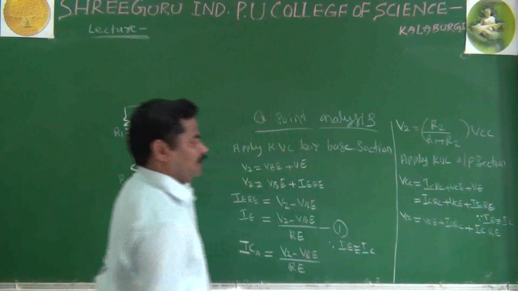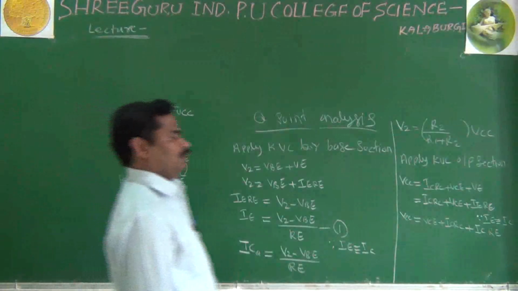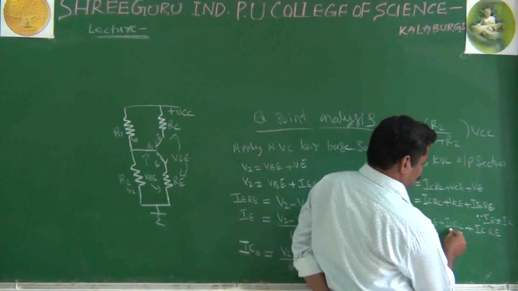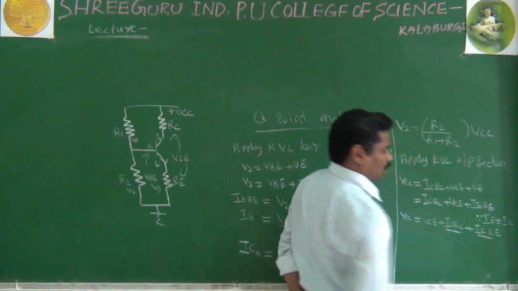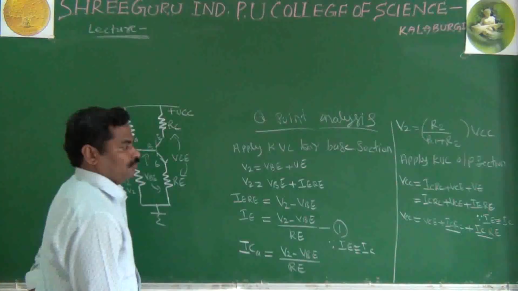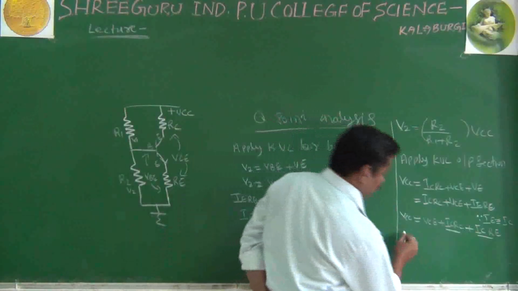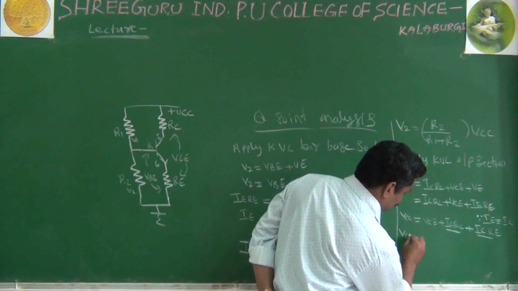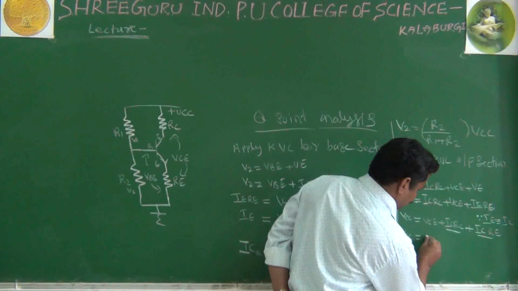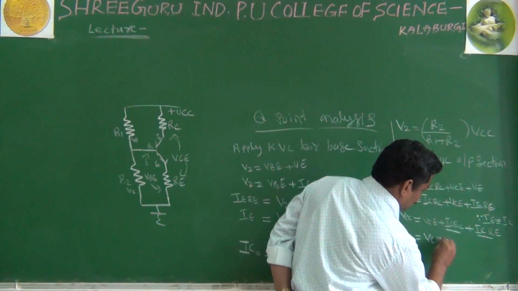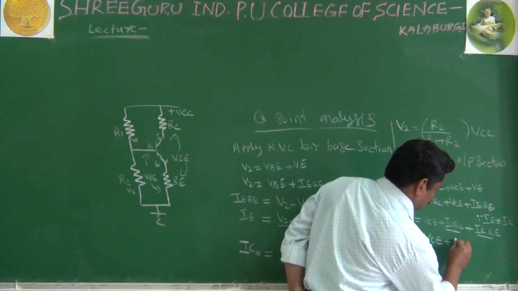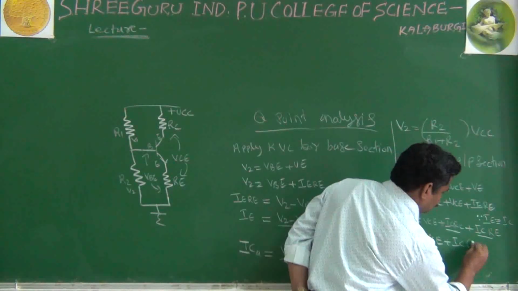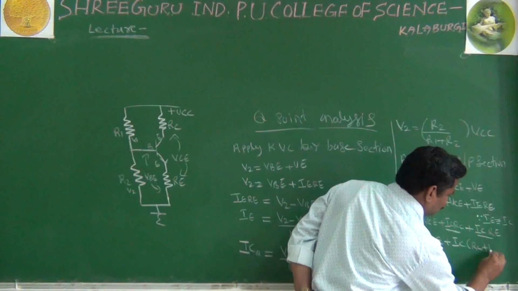Right? Then what you have to do? You take IC common. That becomes VCC equals VCE plus IC into (RC plus RE).